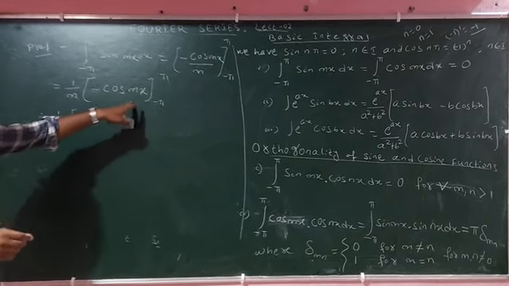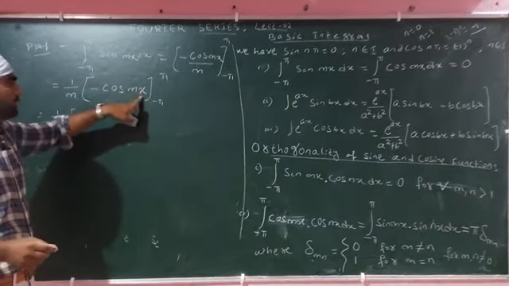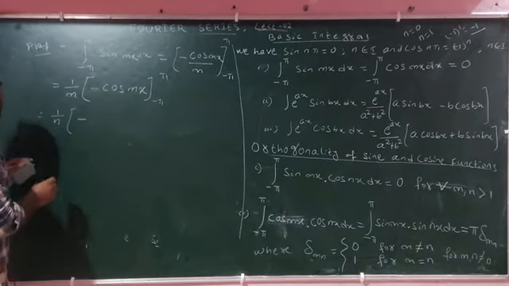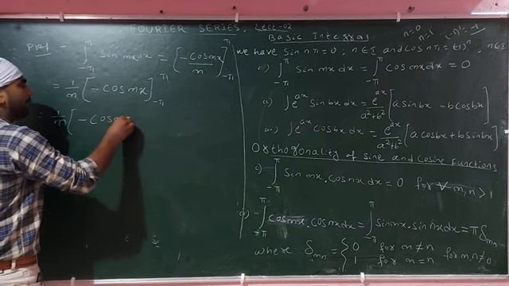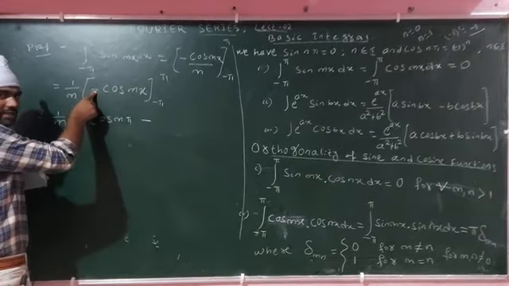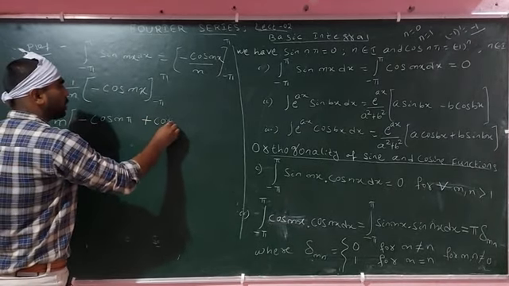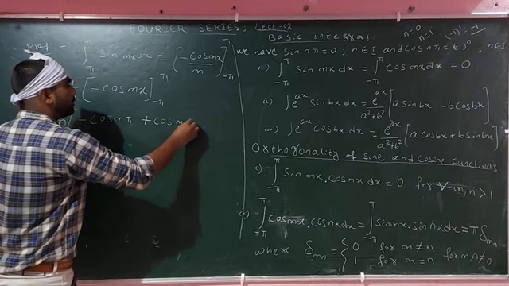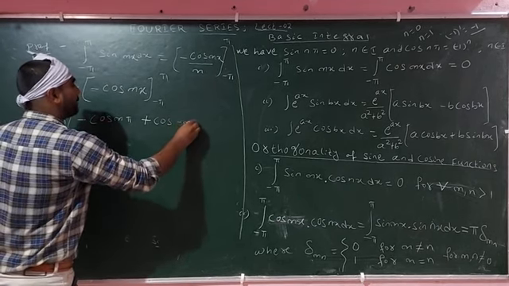Here we are putting the limiting value in place of x, upper limit minus lower limit. So we have minus cos m pi minus, already minus, so plus cos of minus m pi.